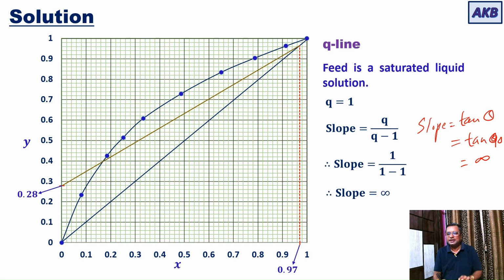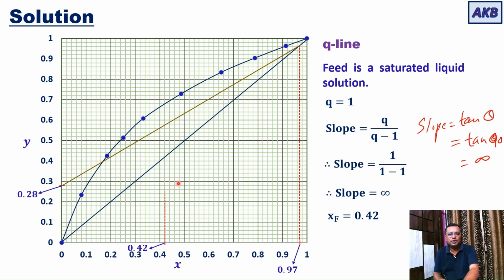So that's why in this case the Q line will be simply a vertical line and it will be starting at X is equal to XF on the diagonal line. So we need to locate XF for that. XF is given to us, it is 0.42. So I will locate 0.42 XF over here. This is 0.42.